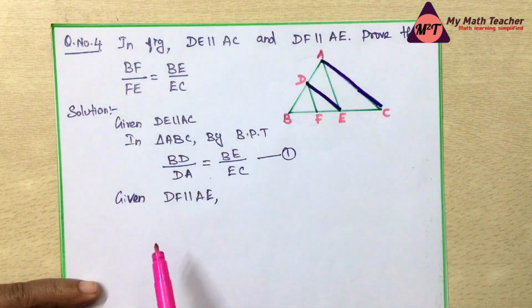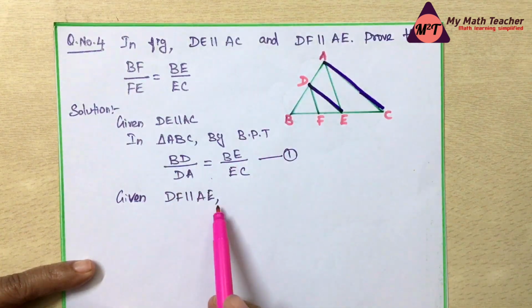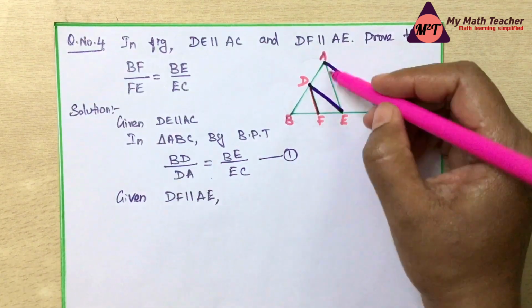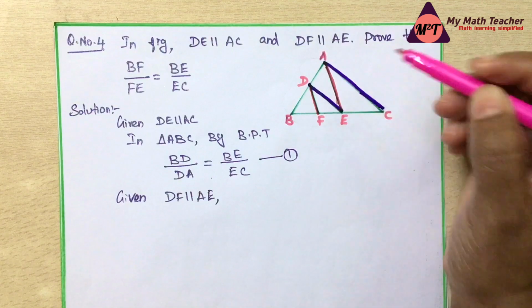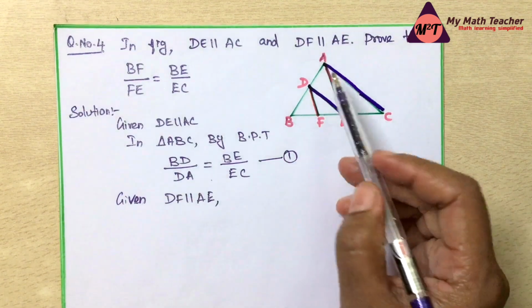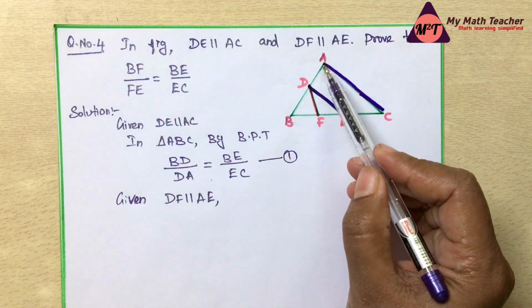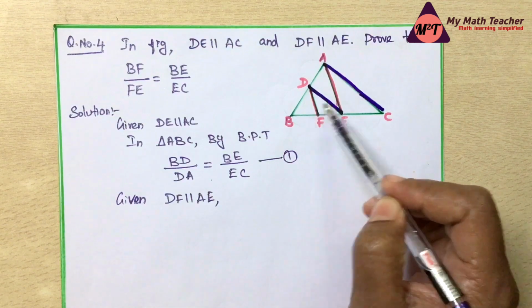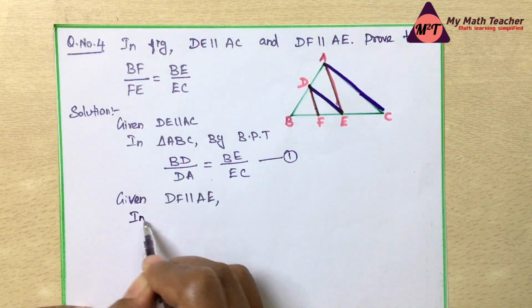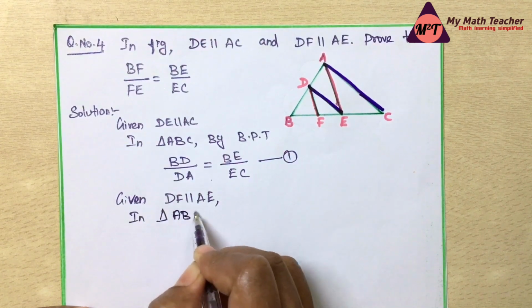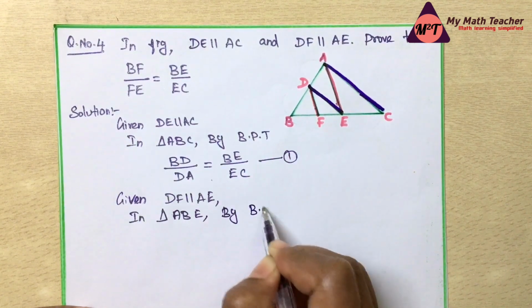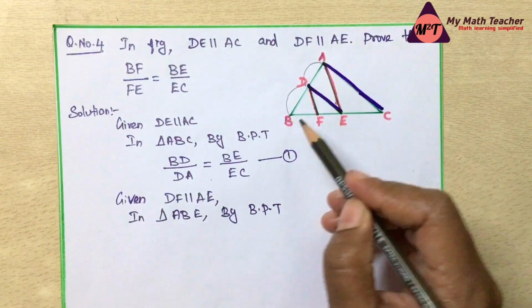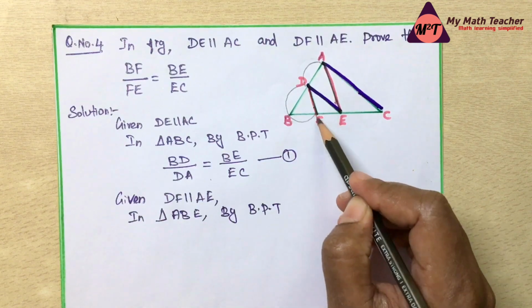Next, it is given that DF is parallel to AE. So consider this line DF, which is parallel to AE. Now you can see this is from the triangle ABE. So we can write in triangle ABE, by BPT, BD divided by DA is equal to BF divided by FE.